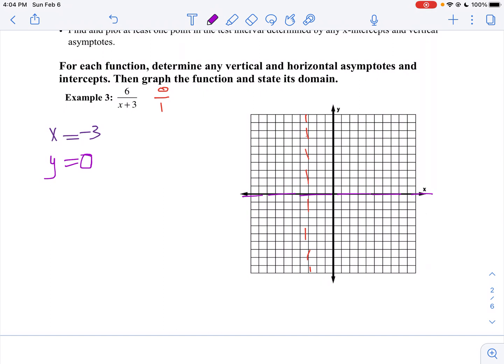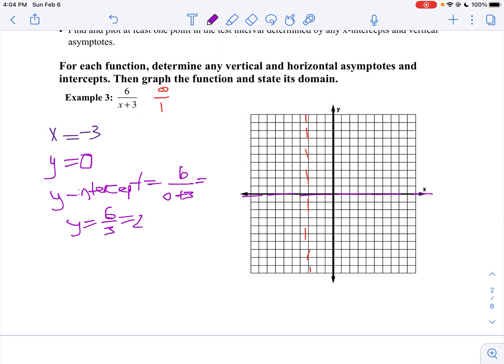Now, let's look at our y-intercept. Our y-intercept occurs when x is 0. So my y-intercept occurs when I get 6 over 0 plus 3, or 6 over 3, which is 2.